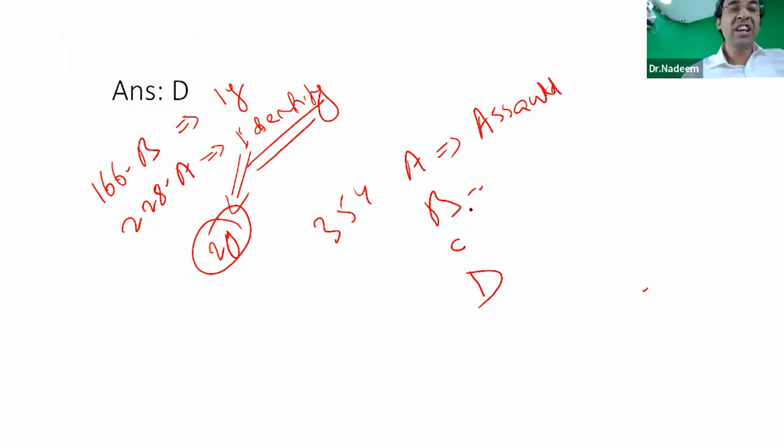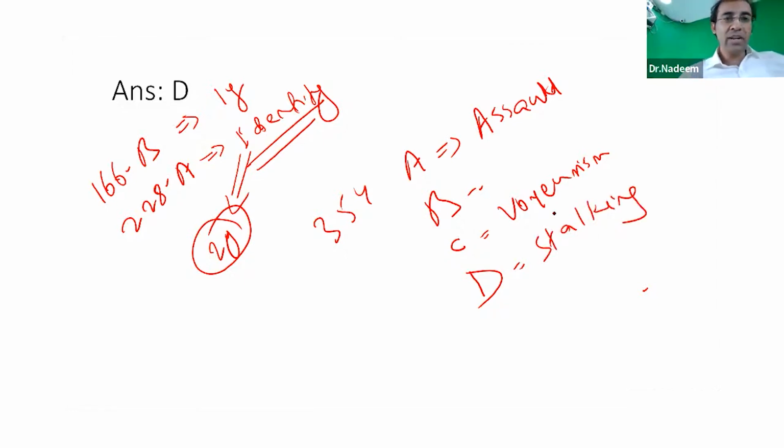IPC number 354C: voyeurism, or scotophilia, peeping Tom. IPC number 354D: stalking. These are some of the important acts which you have to remember.